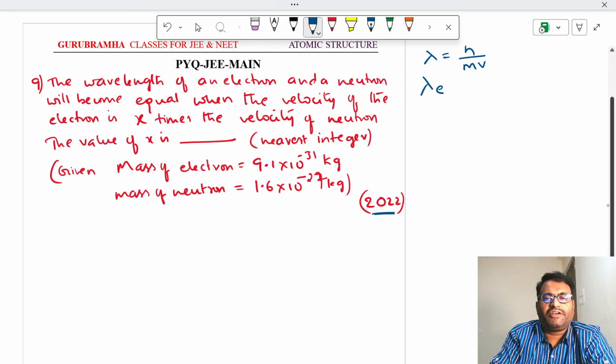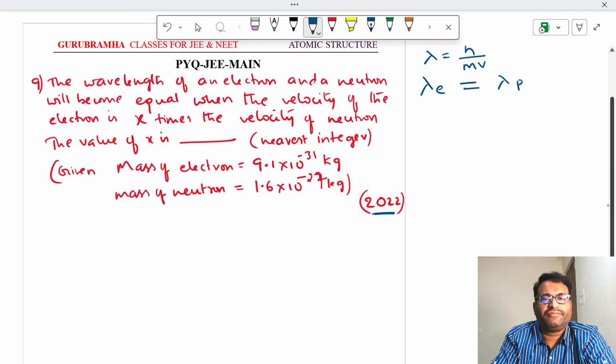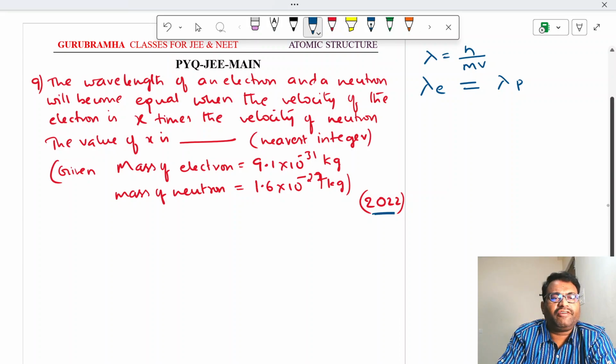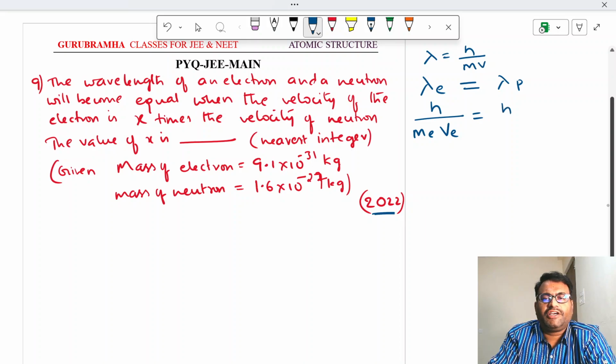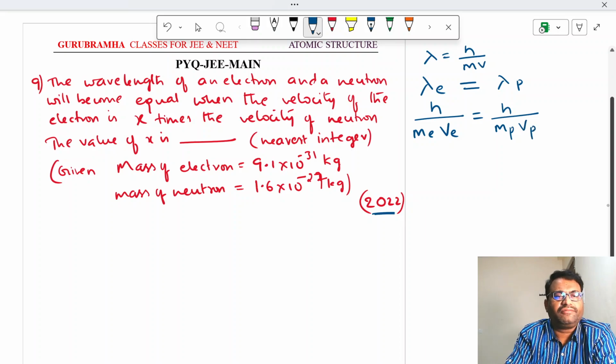Lambda of electron is equal to wavelength of proton. Then when velocity of electron will become equal, right? Then we can write h by mass of electron into velocity of electron is equal to h by mass of proton into velocity of proton, right?